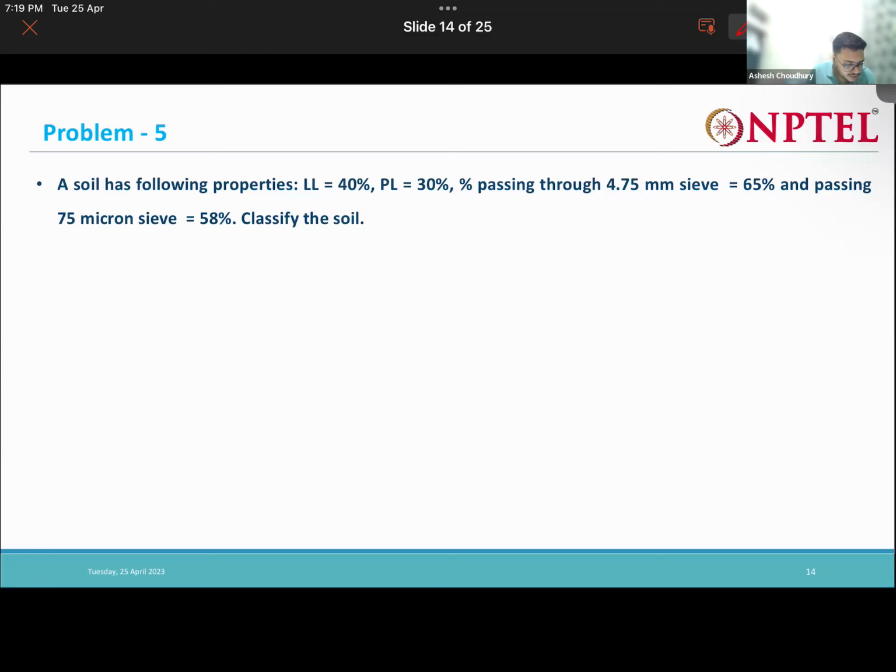So then what we need to do is first determine the plasticity index. What is the plasticity index? LL minus PL. PL is 10%, okay, this is my plasticity index. Now we had studied the A line. What was the equation of the A line?